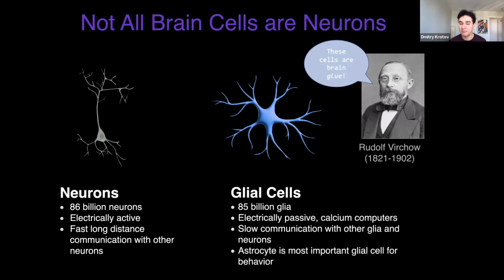They do not produce action potentials. And typically, if you talk to mainstream neuroscience communities, they're thought of as support structures. So they feed neurons, they clean garbage after neurons. But many people would argue, not everyone, but many people would argue that they are unlikely to do interesting computation.